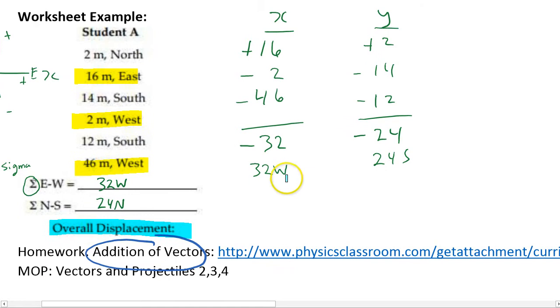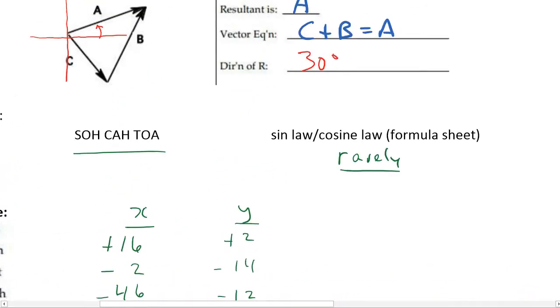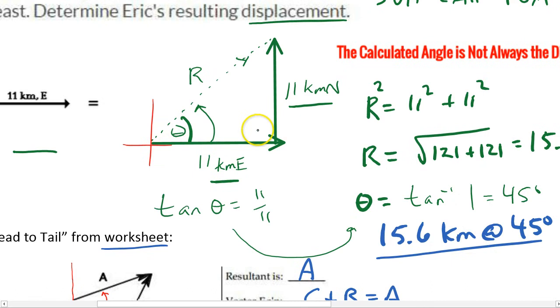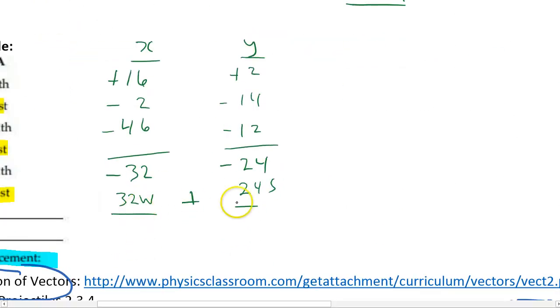In other words, what happens when I add together this vector plus this vector? So what do I get? Just like I did before, way up over here, I added these two together, the 11 and the 11. Now I have to add together the 32 west and the 24 south. Okay, so again, I'm going to take my own advice, and I'm going to draw the east-west one first.